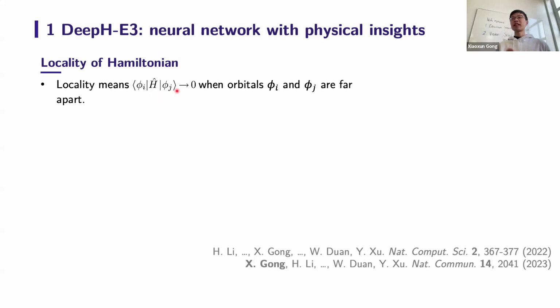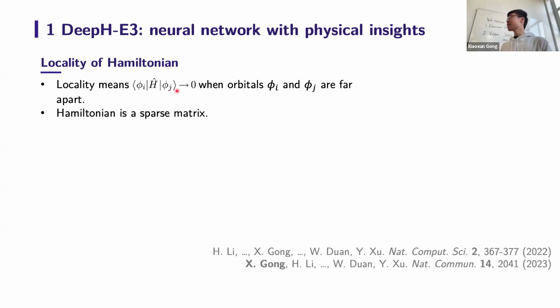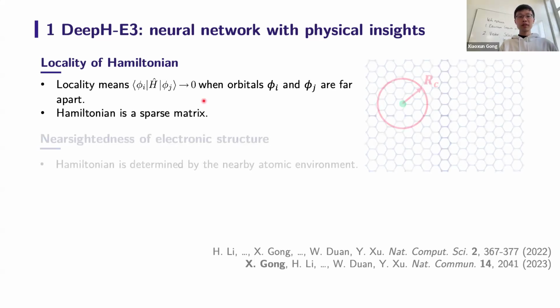This basically means that the electron cannot hop infinitely long distances in the material. The direct consequence of this locality is that the Hamiltonian is a sparse matrix if we express it under a basis set of atomic orbitals.